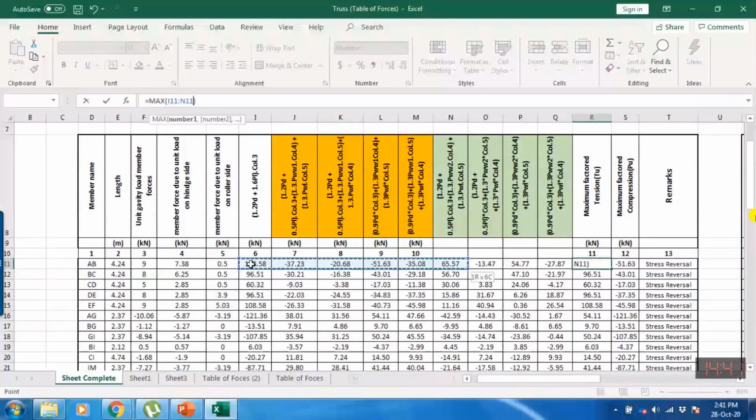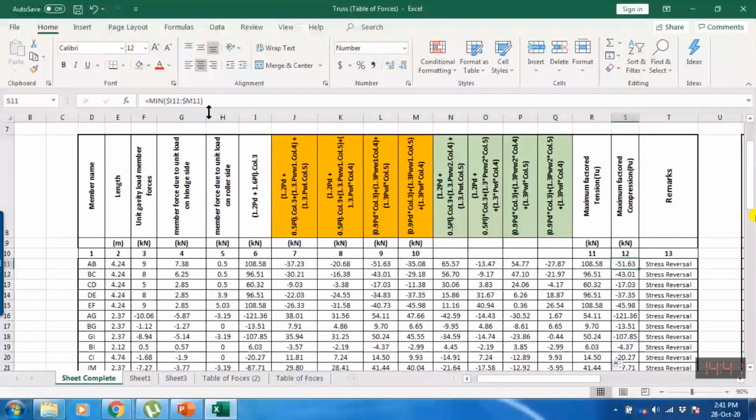So the maximum forces will come over here, which is maximum tension. Similarly here, you can apply minimum from 11 to Q11.